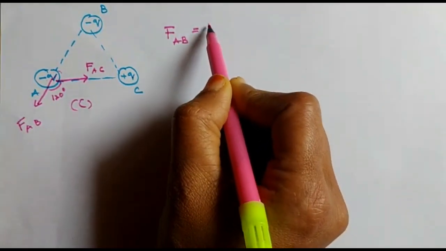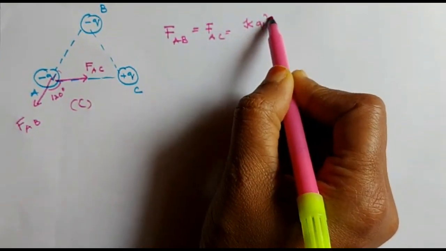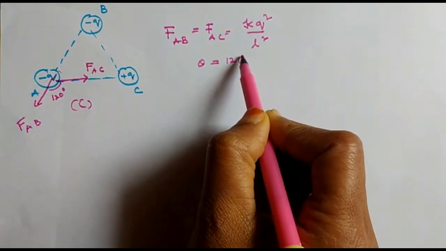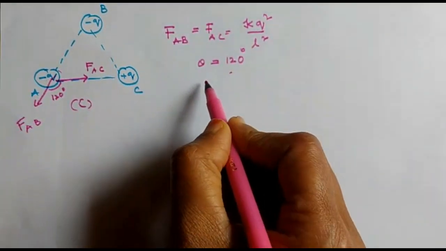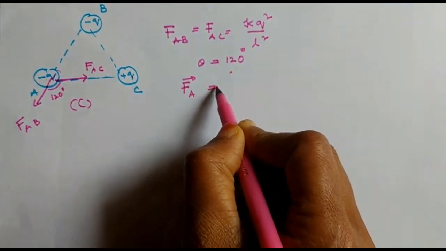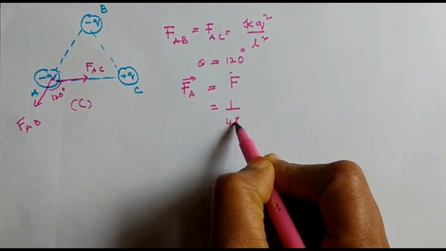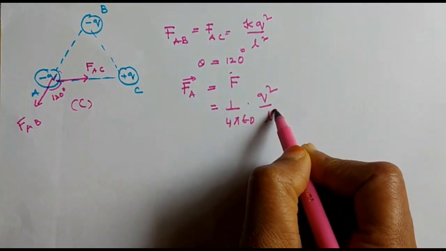The magnitudes of FAB and FAC are equal, which is K Q square by L square. Theta is 120 degrees. So whenever you get two equal forces acting at 120 degrees, from the parallelogram law of vector addition, the net force would be equal to F, which is nothing but 1 by 4 pi epsilon naught q square divided by L square.